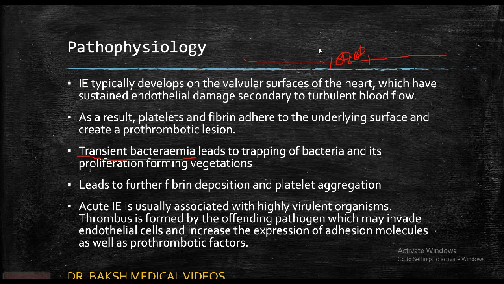However, during the transient bacteremia, the bacteria can get trapped over here. Once bacteria get trapped onto the endothelium, it causes proliferation of pathogens, and also more fibrin gets deposited.